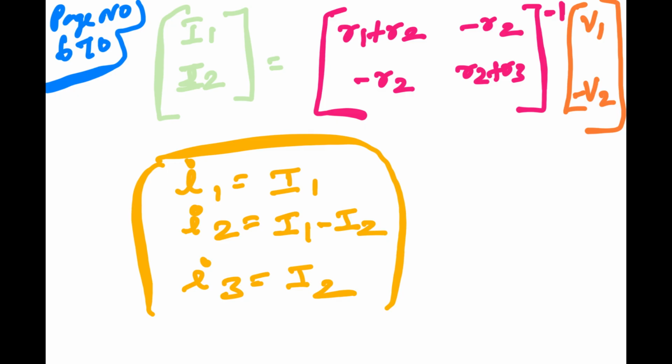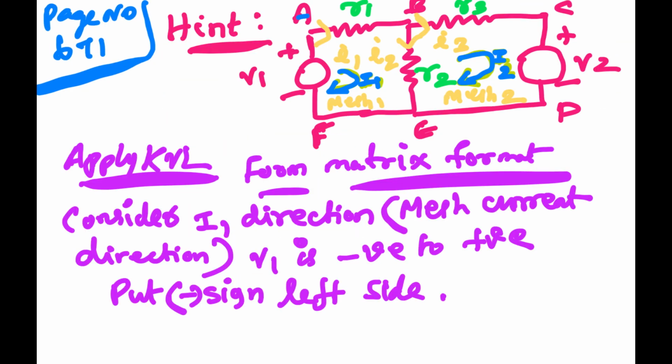In resistance R3, I2 is the current through R3, so small i3 is capital I2. That is obtained from the circuit. The matrix form is obtained from the above equations. That is important. That is DC mesh analysis, obtained by the KVL law and Ohm's law.